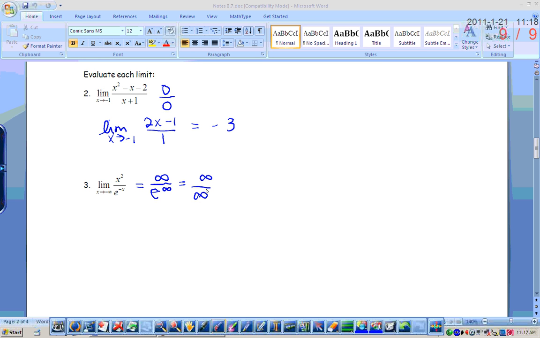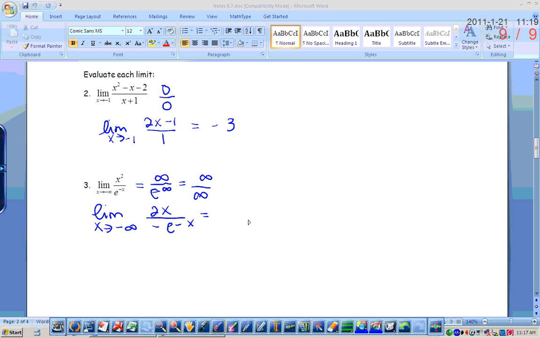Okay, so this is our other indeterminate form. Since I have infinity over infinity, now I can use L'Hopital's rule. The derivative of the top is 2x. What's the derivative of the bottom? Negative e to the negative x.